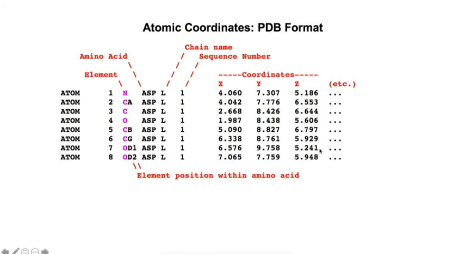But this is where it shines. These are the coordinates that you or I would be much more interested in using, and this would be the core of the analysis. It contains the XYZ coordinates, which tell you where in space that atom is present relative to the other atoms in that biomolecule.